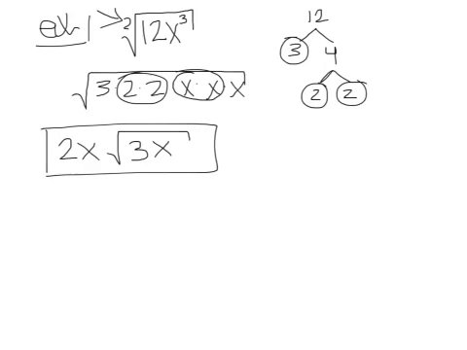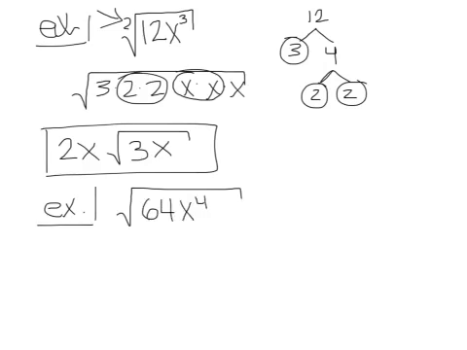Okay, next example. We have the square root of 64 x to the 4th y. So, side work again. We have 64. We know this can be broken down with 8 and 8.